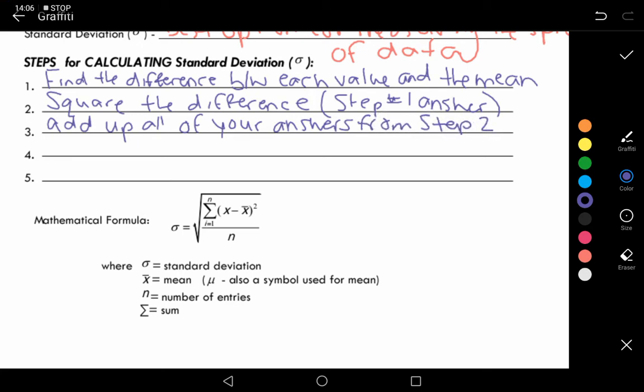And this is kind of a more difficult equation and probably the most difficult part of this unit. So bear with me here. We'll get it sorted out. Step 4, we're going to divide this sum, the sum from step 3, by the number of values in the data set.